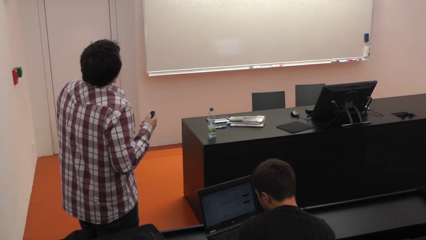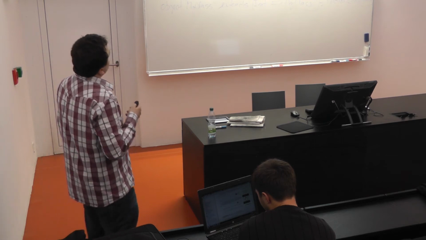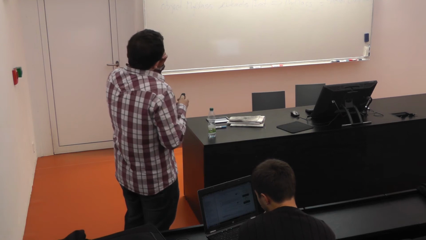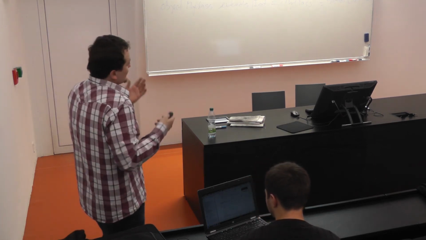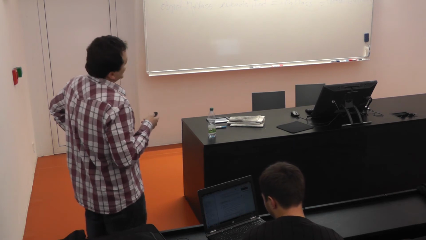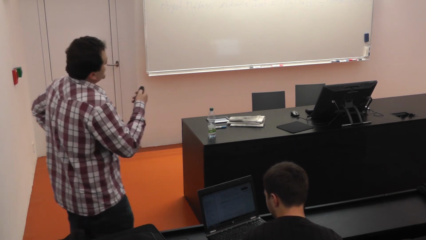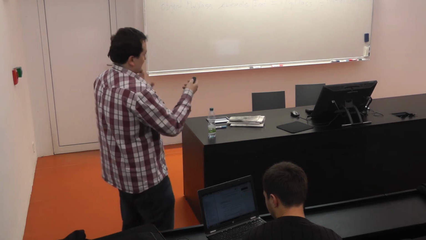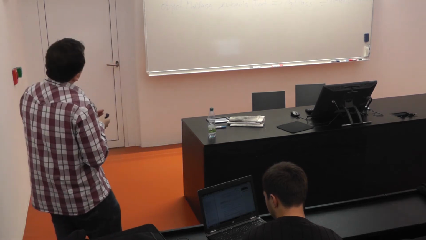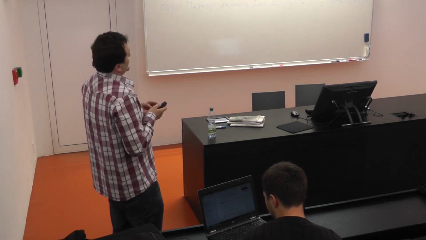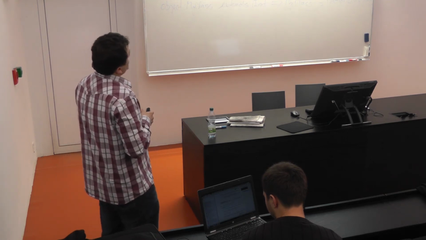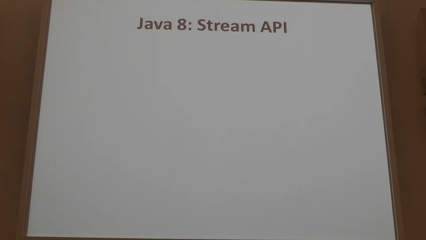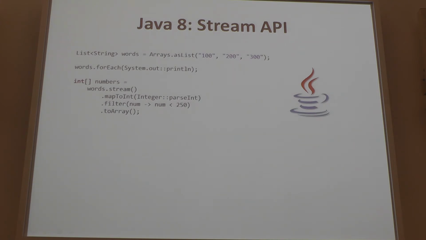Okay, so we'll look at some more examples of actual use of lambda expressions in the Java API, because so far we've seen only the language syntax and features and how it gets compiled to bytecode. But Java 8 also comes with new changes in the standard Java library, and the big thing where the lambda expressions come into play is the new stream API.